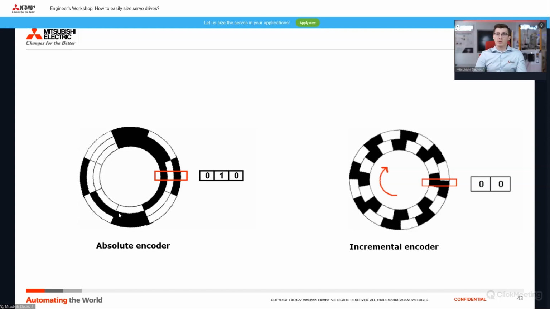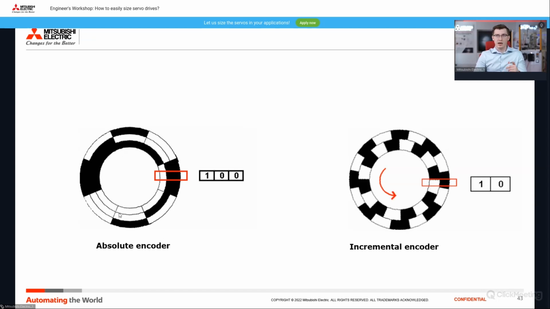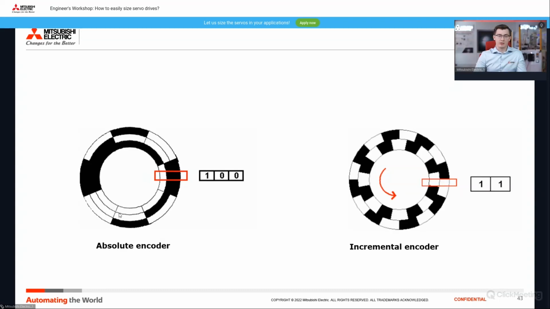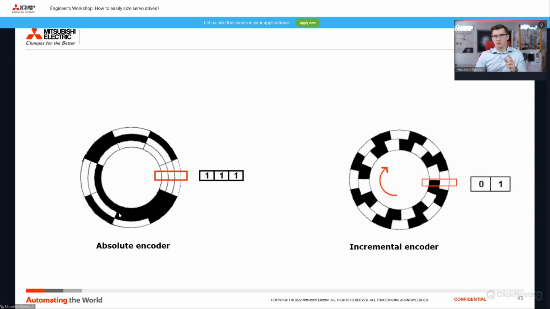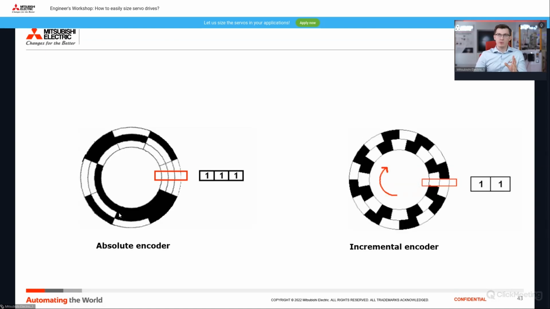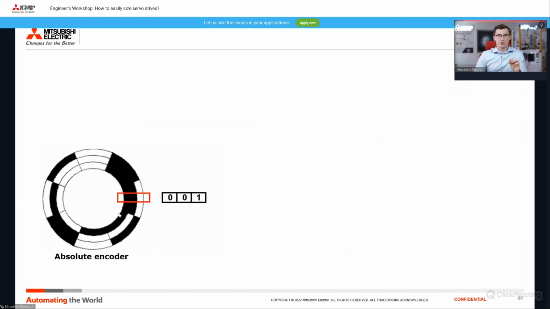Because of that, every time you shut down the machine and power it on again, you will have to do the homing to find this zero position. With the absolute encoders, it will not always be the case. Why not always? Because absolute encoders can also be divided into absolute single-turn and absolute multi-turn encoders.